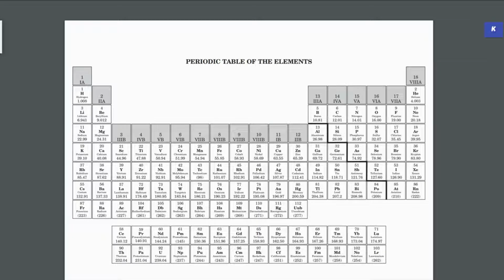If you go down to lithium, remember that in the first energy shell there will be 2. In the second energy shell there would be 1, right? 2 plus 1 gives you a total of 3 for the electrons. So all of these going down in the outermost shell are going to have 1 electron.